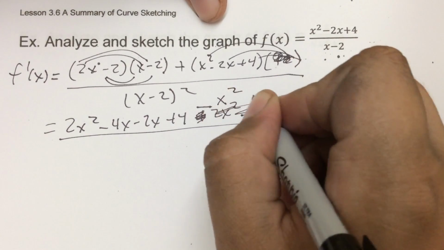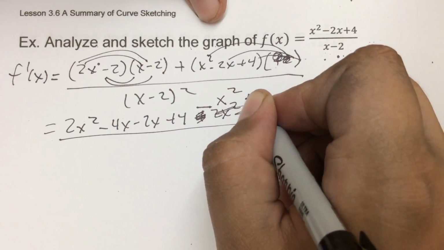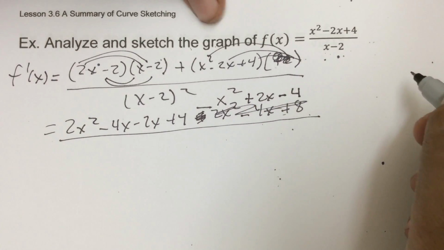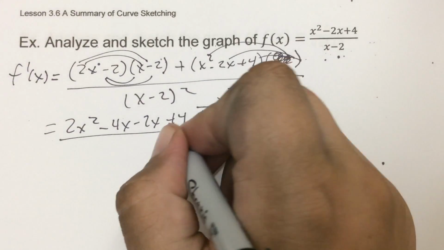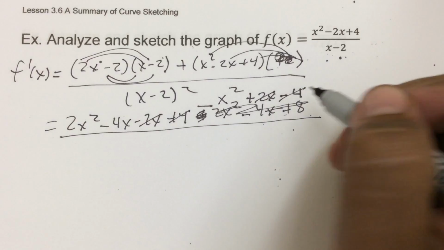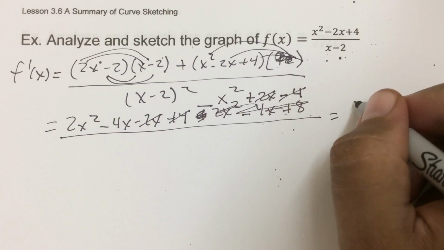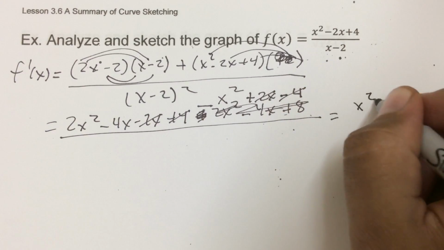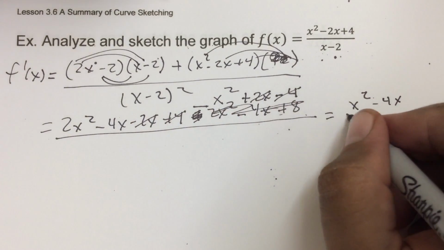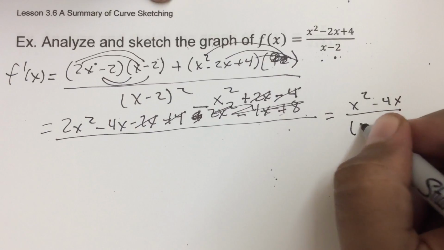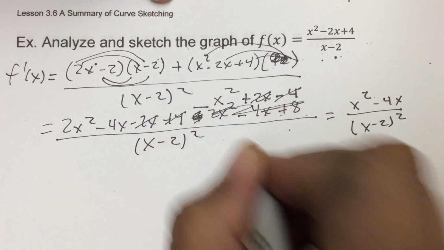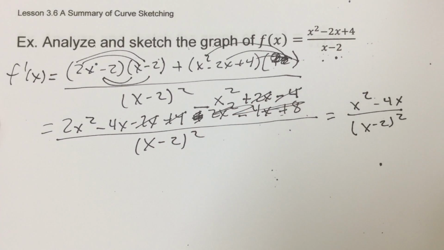So minus x squared, minus would become plus 2x, and this would be a -4. So the -4 and the plus 4 cancel. The minus 2x and the plus 2x would cancel. And so we'd end up with 2x squared minus x squared is x squared, and then minus 4x, all over x minus 2 squared, which would be here. There we go. Now I'm back on track.